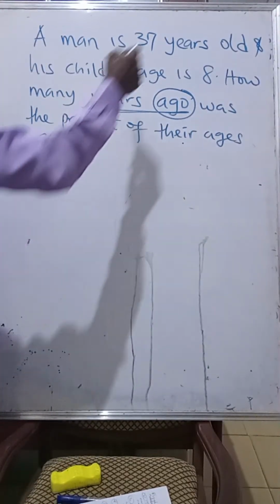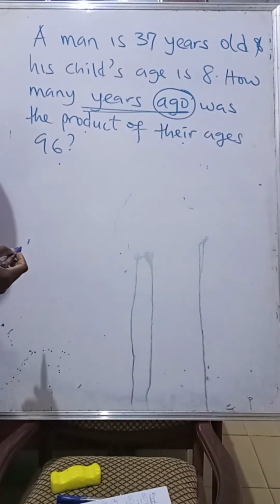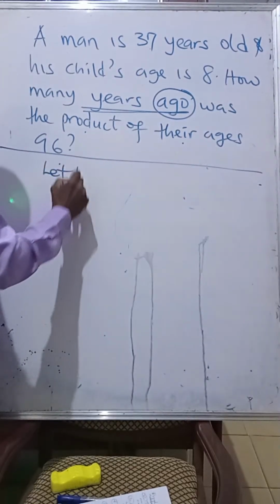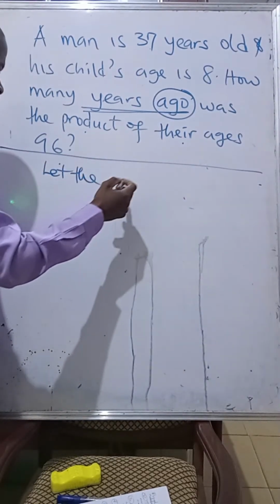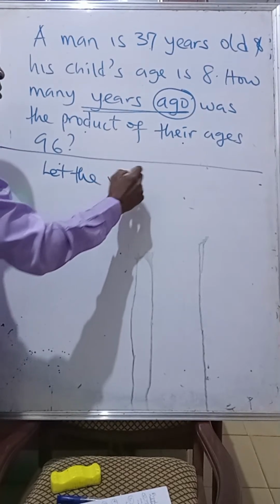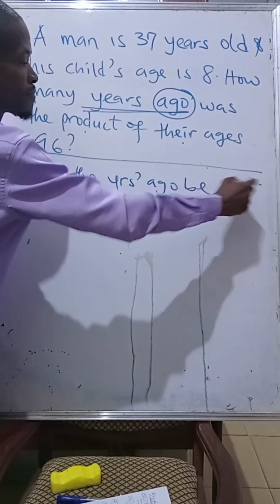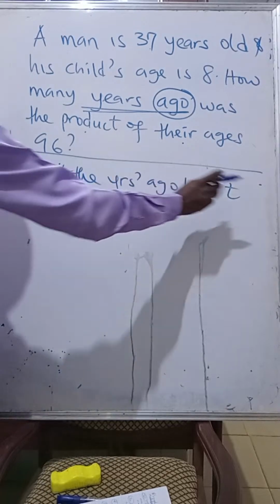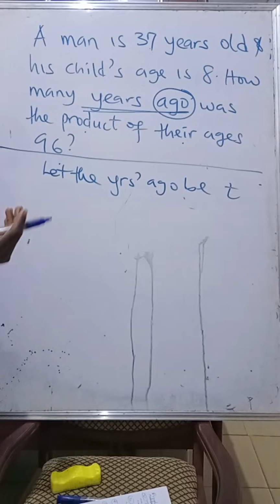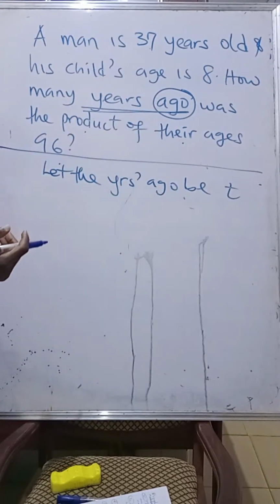So if the man is 37 years, let the number of years ago be t, some years back. Let's make it t.